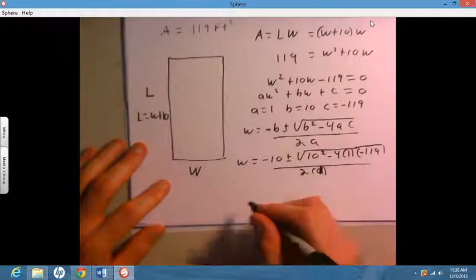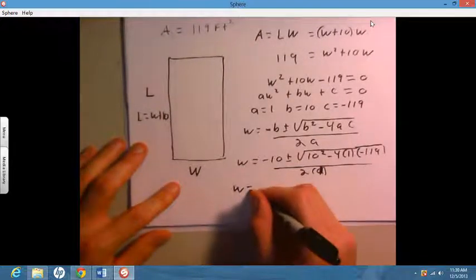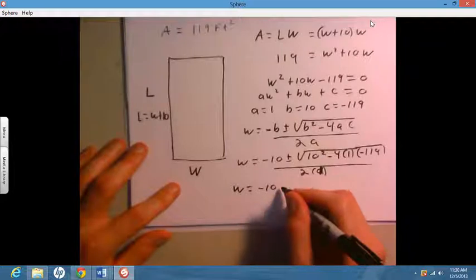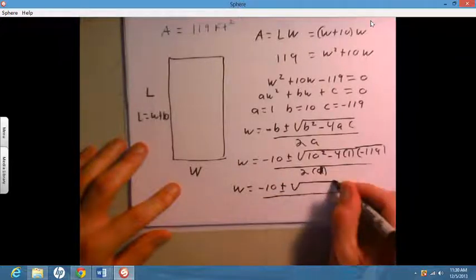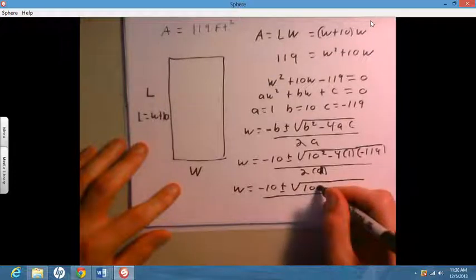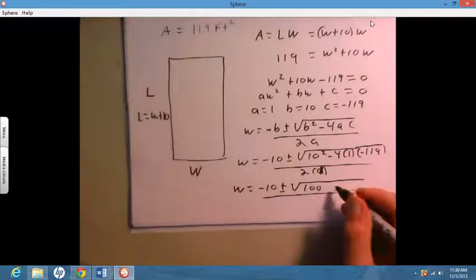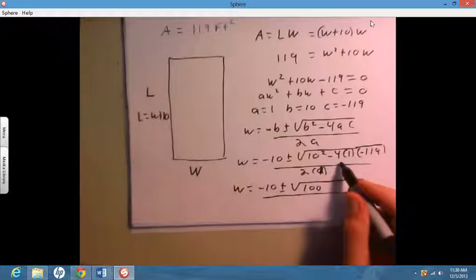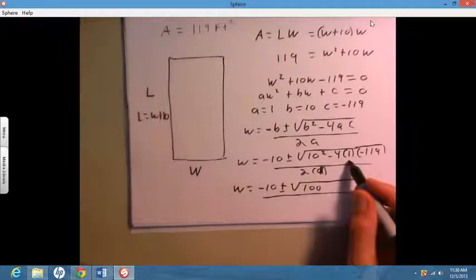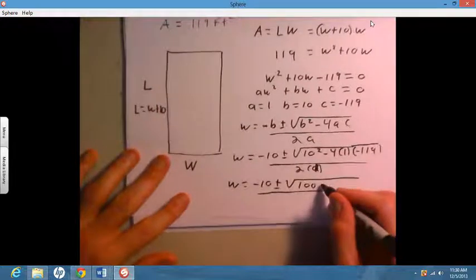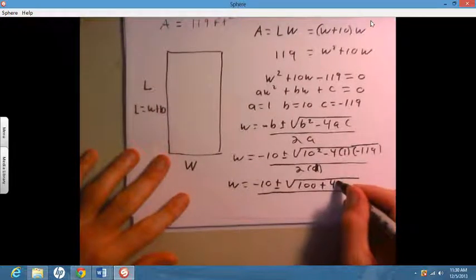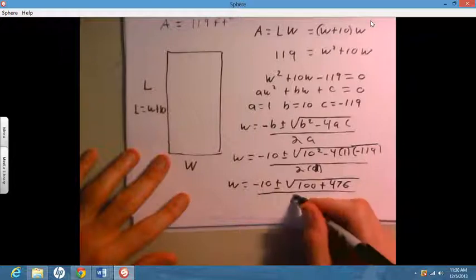So if I simplify this, it tells me that w is equal to negative 10 plus or minus the square root of 100, and we're going to have negative 4 times 1 is negative 4, times negative 119. A negative and a negative give me a positive, and 4 times 119 is 476. So it's going to be plus 476, all divided by 2.